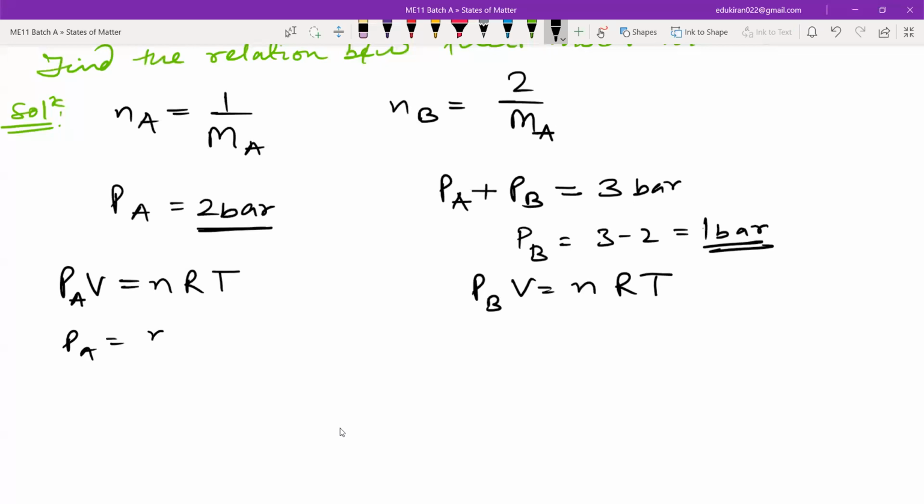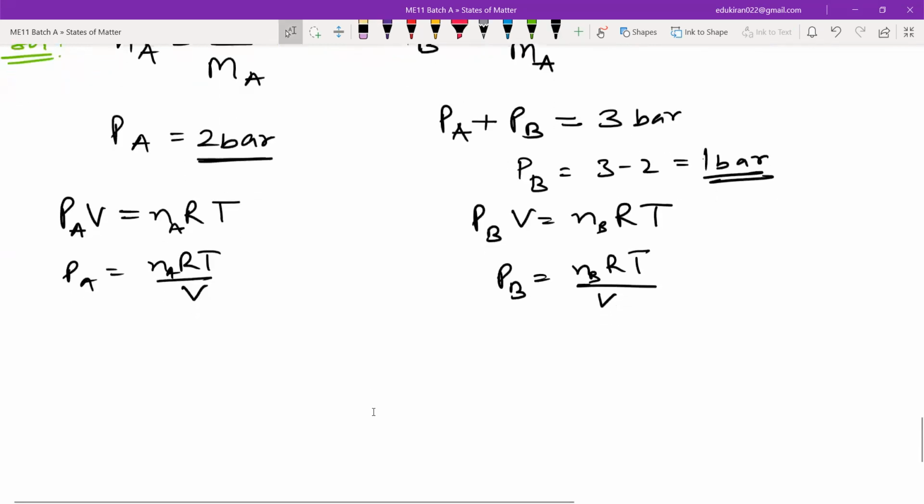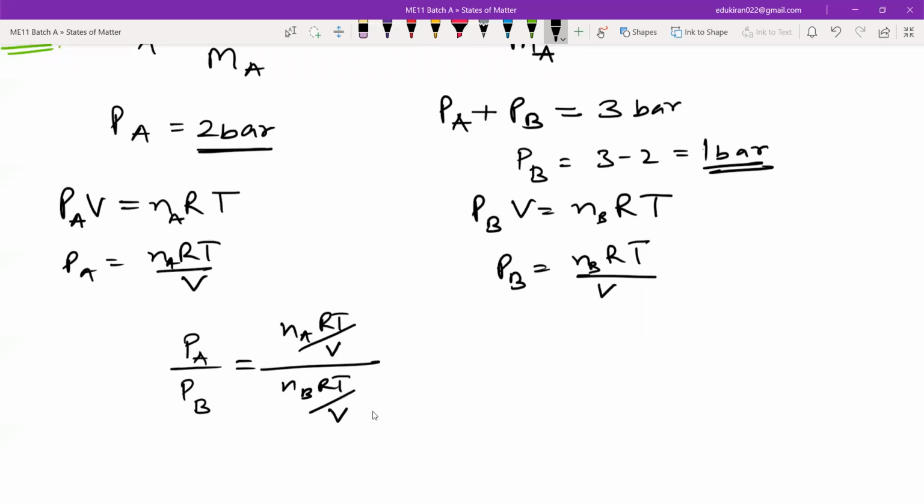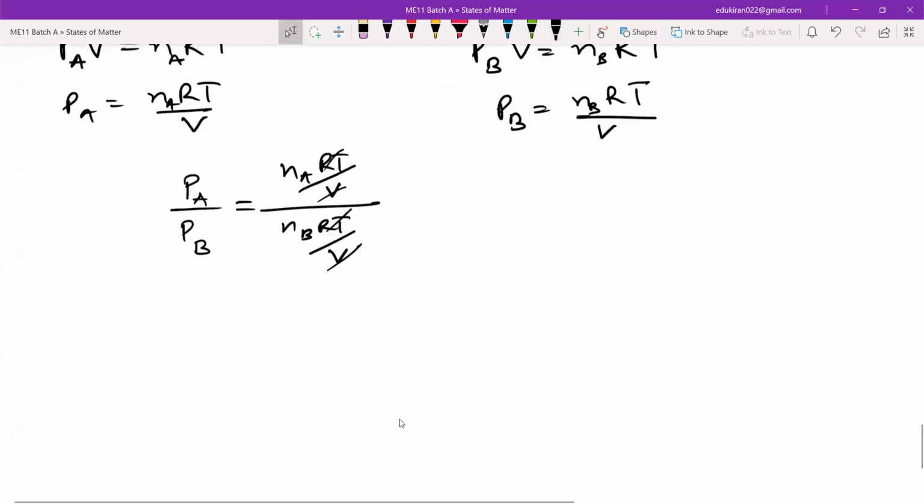PA will be NA RT upon V and PB will be NB RT upon V. So PA upon PB is equal to NA RT upon V divided by NB RT upon V. The volume and RT cancel out, and we get PA upon PB is equal to NA upon NB.